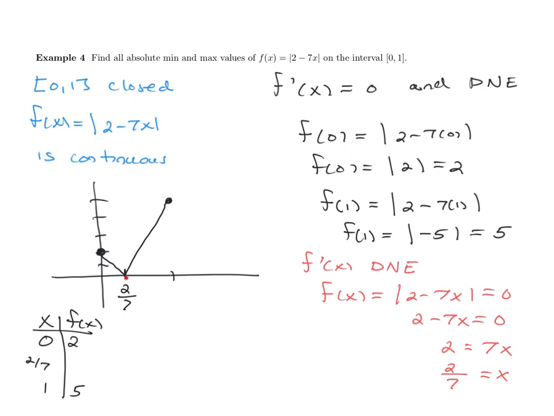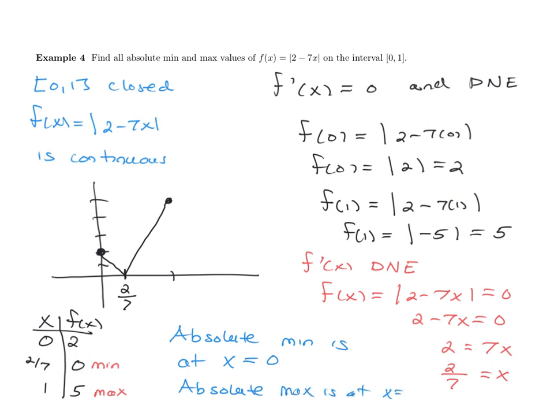And the function at this critical number, 2/7, is 0. That means this is the min, and this is the max. So the absolute min is at x equals 2/7, and the absolute max is at x equals 1. And that's it for this problem.